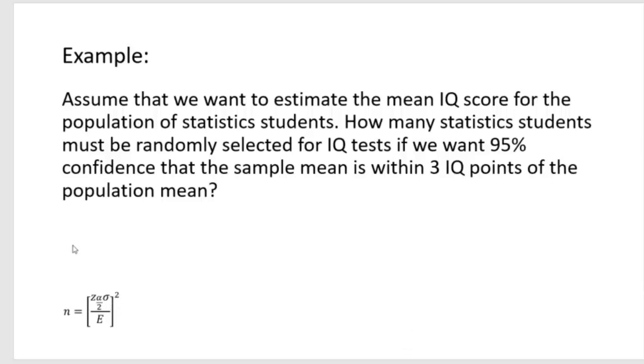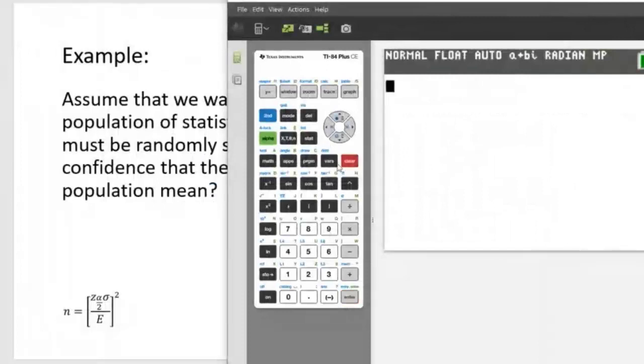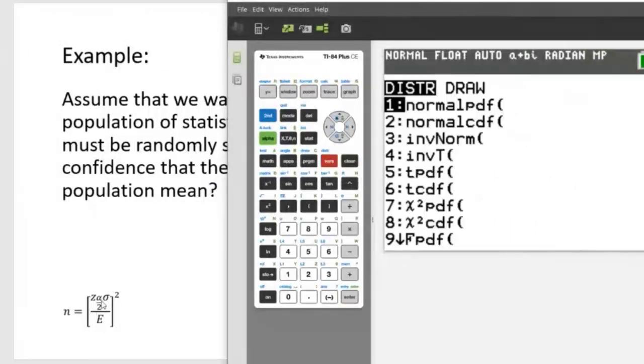That involves the Z-score. So how do we get that Z-score? Well, we've done that before. That was inverse norm, to get that Z sub alpha over 2. I'm going to go second bars, and this is just so I get that Z sub alpha over 2.